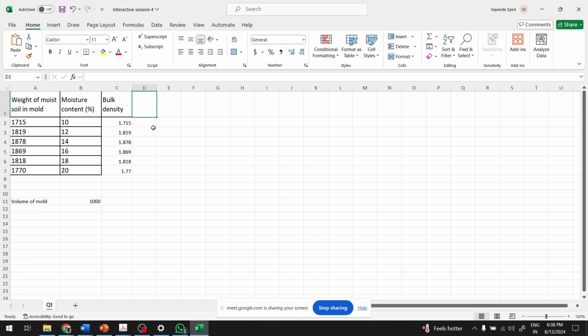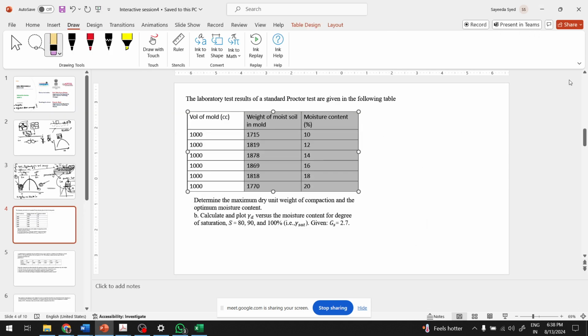Then we calculate the dry density. You know the formula for dry density. The relation between bulk density and dry density is gamma D equals gamma B over 1 plus W. So let's use this equation here.